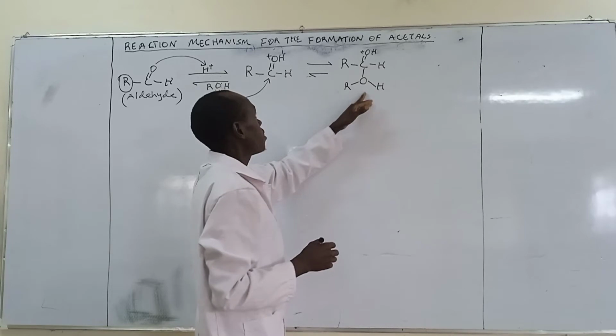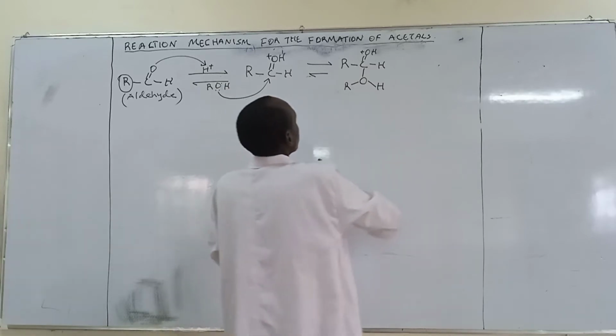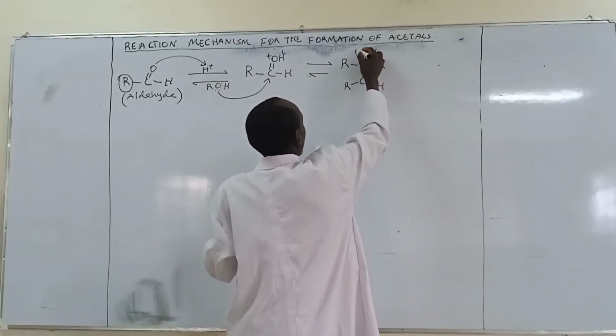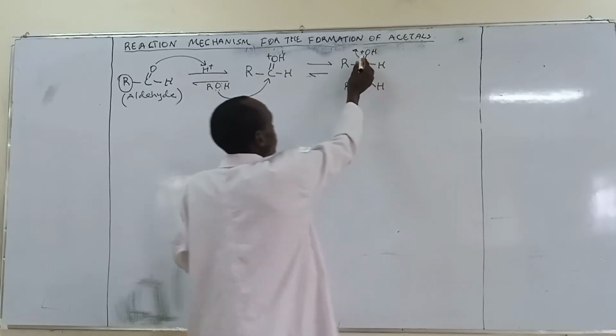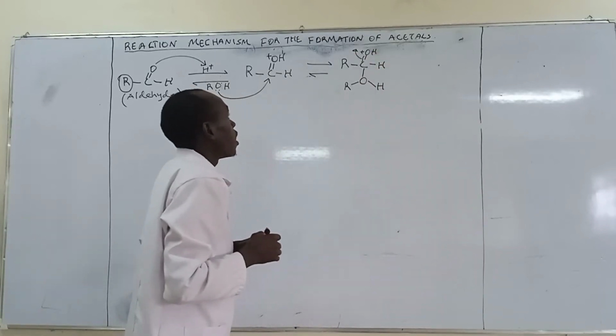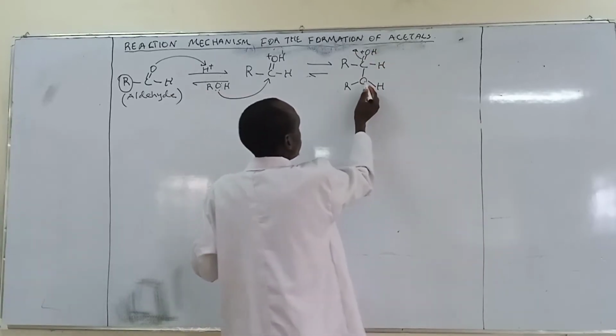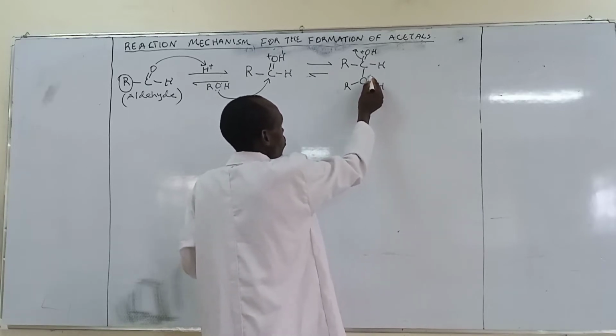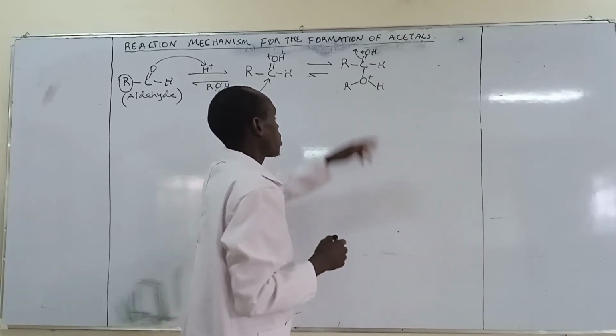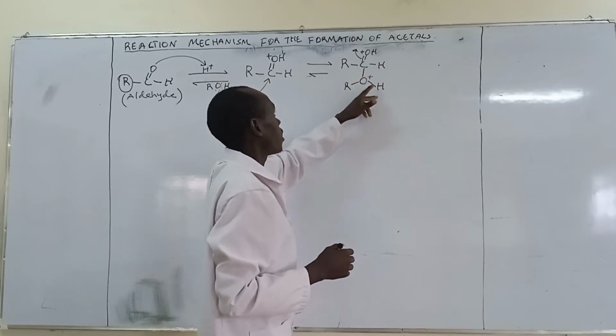Now after forming this, you realize that this bond shall open up to neutralize this positive charge, and also this oxygen here shall acquire a positive charge because it is having 3 bonds, 1, 2, and 3.